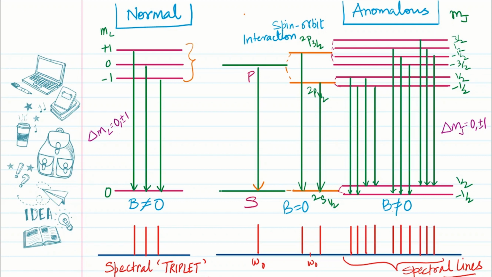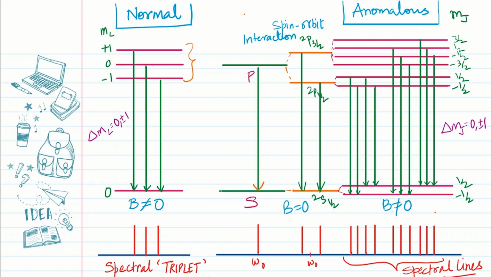When we are doing the LS interaction, we don't have any magnetic field. Now when we are applying the magnetic field, you can see there's a further splitting. S level is splitting into two further levels because of the M_J.